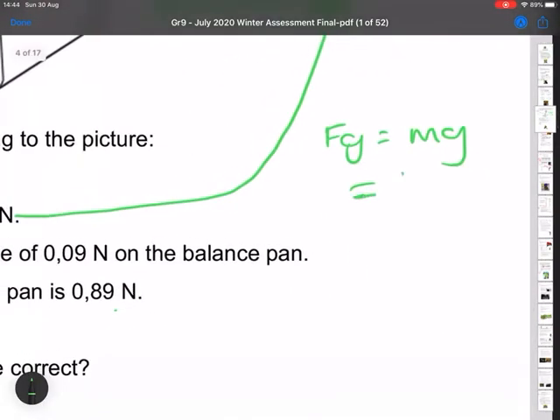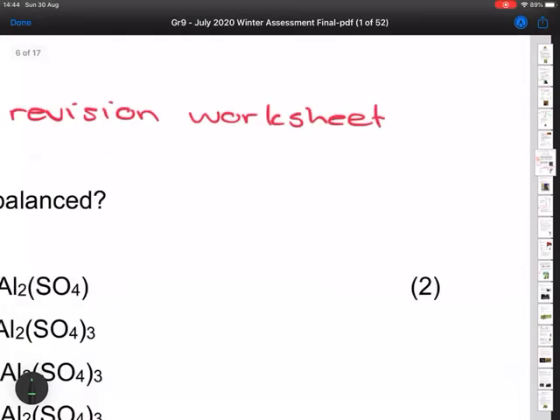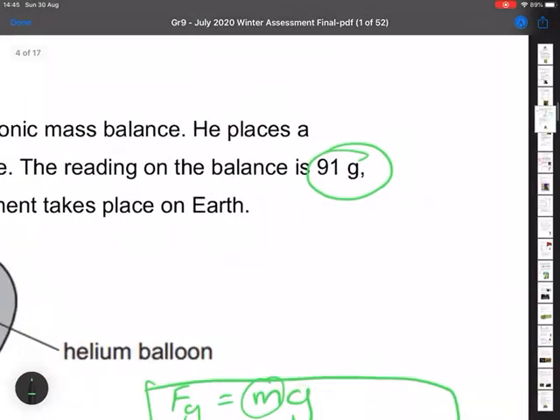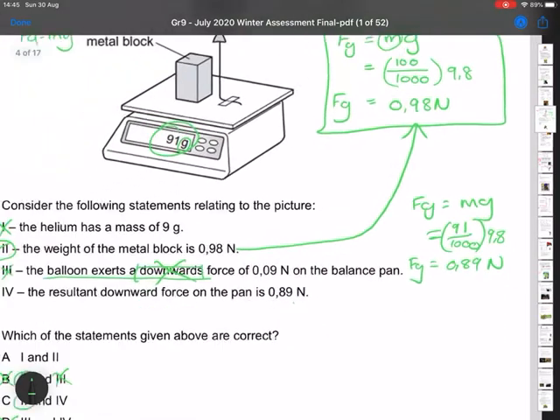Convert grams to kilograms by dividing by 1,000. 91 divided by 1,000 is 0.091. Multiply that by gravity, 9.8, and you will get 0.89 newtons. So that is true.